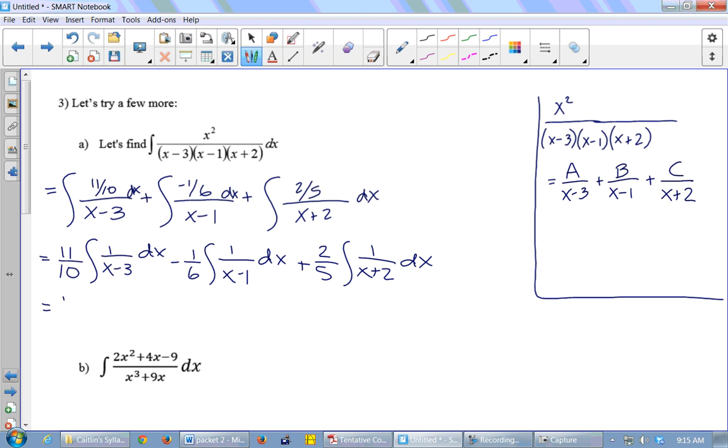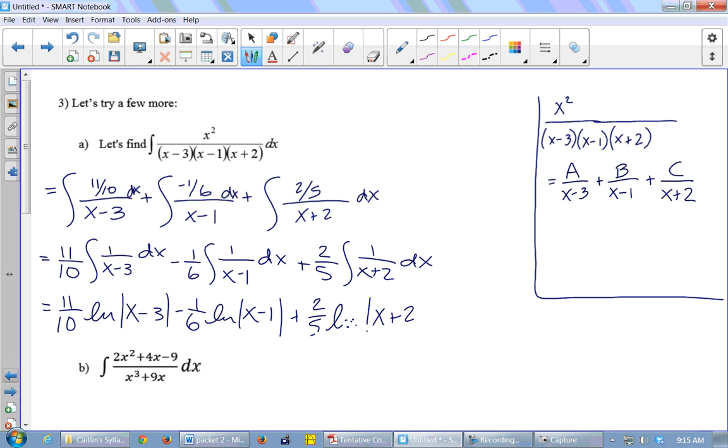So this is going to be 11/10 times the ln of the absolute value of x minus 3, minus 1/6 times the ln of x minus 1, plus 2/5 the ln of x plus 2, plus c.